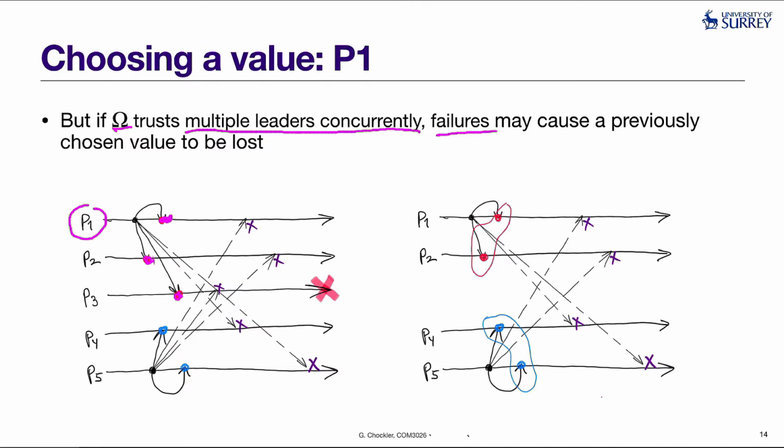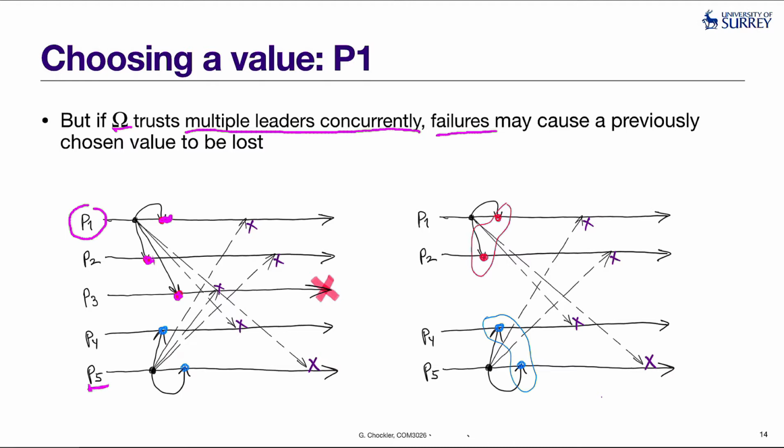And then we also have a process P5, which is simultaneously considered as a leader because omega is making mistakes, say, let's say process P5.